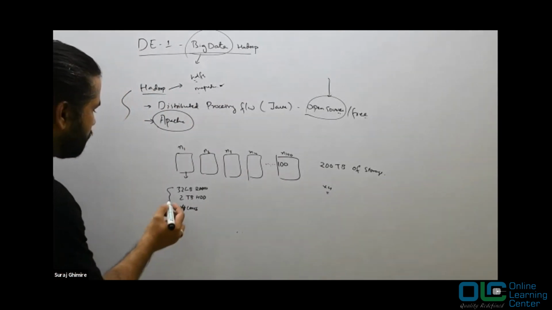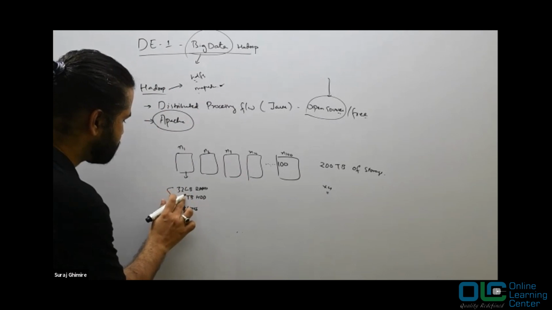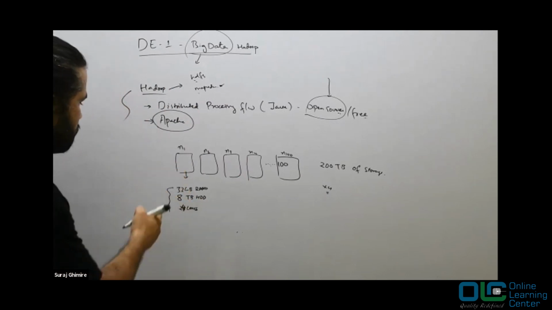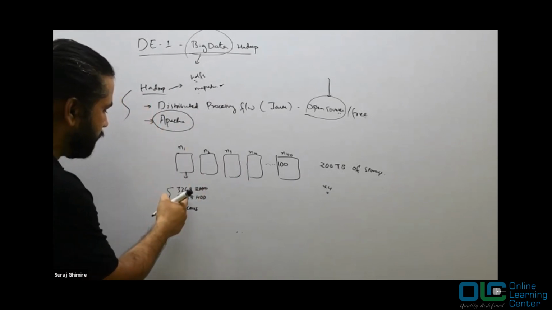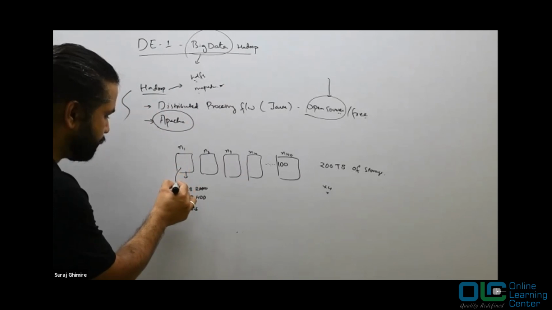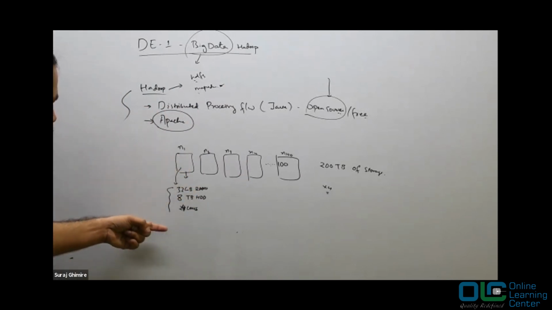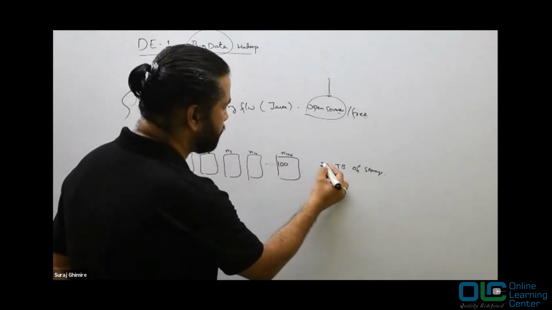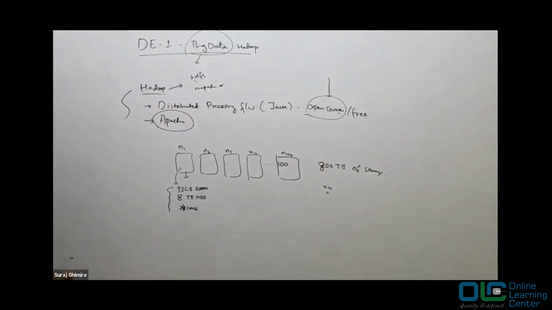So what I can do is increase this 4 times: 32 GB of RAM, 8 terabyte hard disk, and 24 cores for each node. If I now calculate from this configuration, I'll exactly have 800 terabytes of storage.